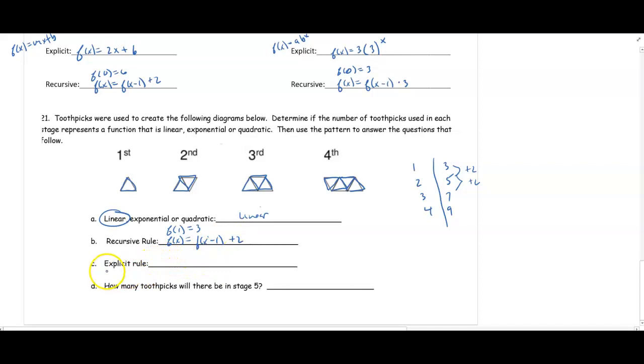My explicit rule, I'm using the ordered pair (1, 3) and the slope of 2. So f of x equals 2 times (x minus 1) plus 3. And how many toothpicks would there be in stage 5? That would be 11.